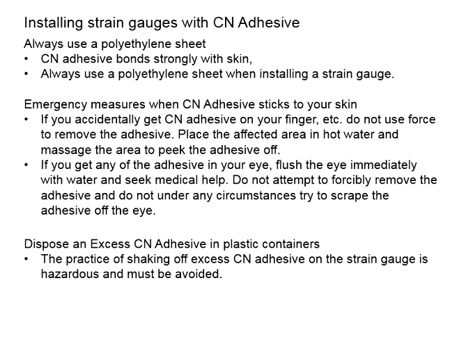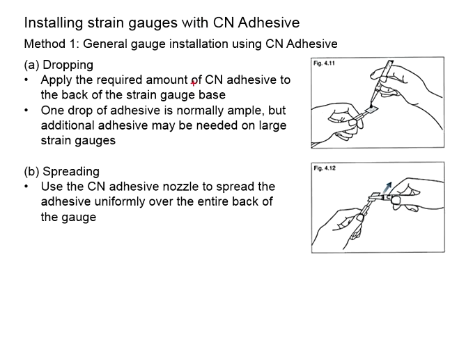Another misconception about using this CN adhesive is that you should apply as much as you can onto the strain gauge so that it bonds better with the testing material. This is not the right way to do so, as you only need a little amount of CN adhesive for a typical small strain gauge. Only 1 drop of adhesive is sufficient.